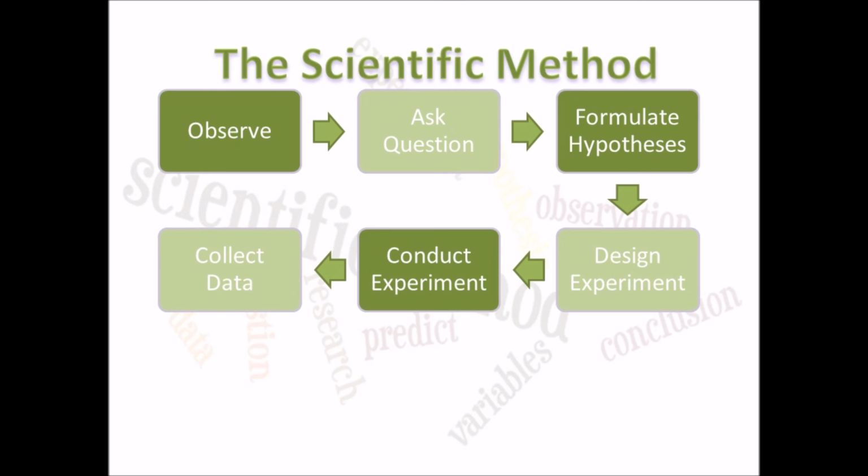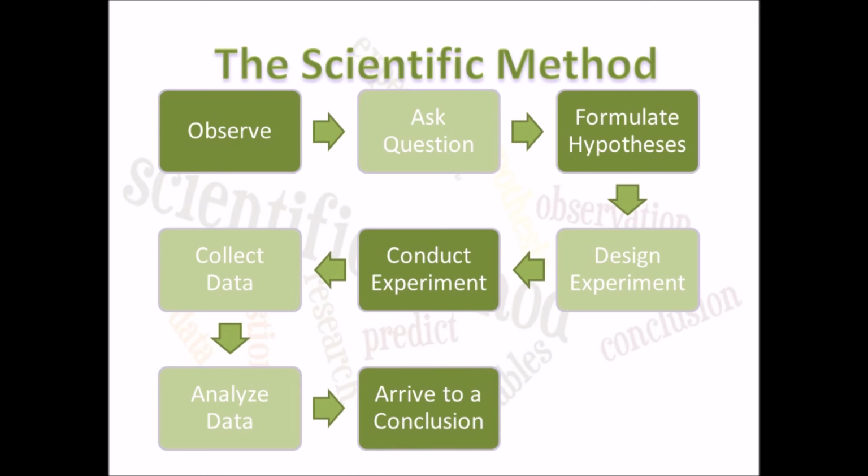From this experiment, you're going to collect data, and you're going to analyze this data. An analysis of this data is going to lead you to a conclusion, which can either be to reject or fail to reject your null hypothesis. And finally, once this has been done enough times and enough evidence has been gathered, you would develop a scientific theory.